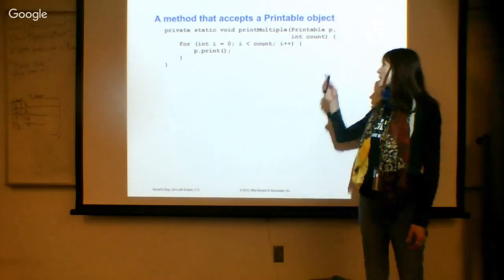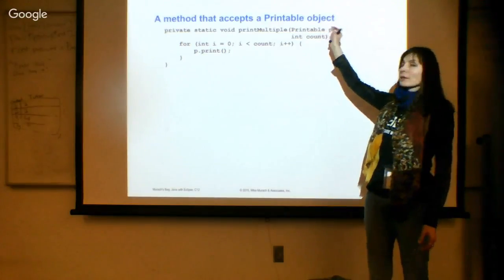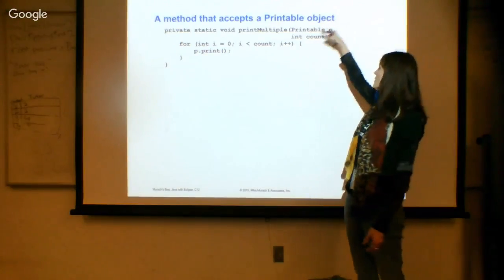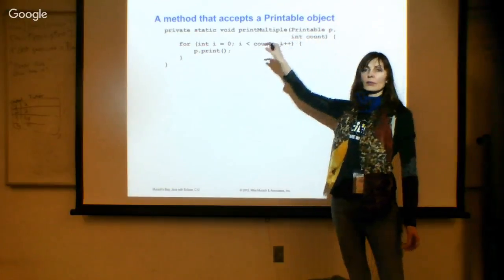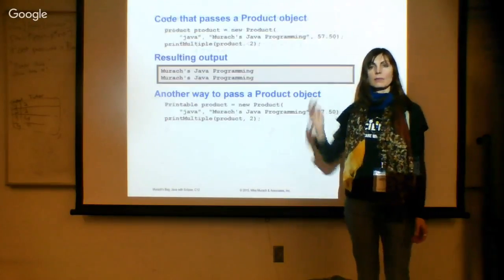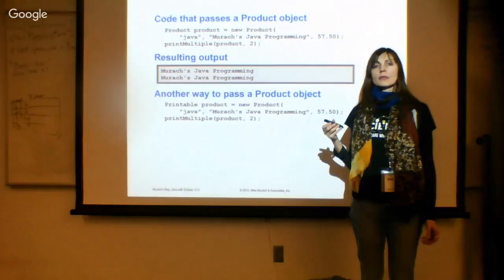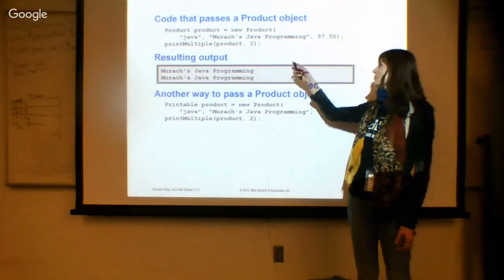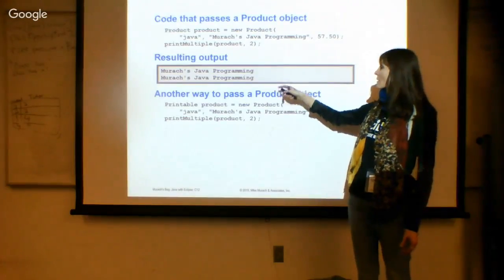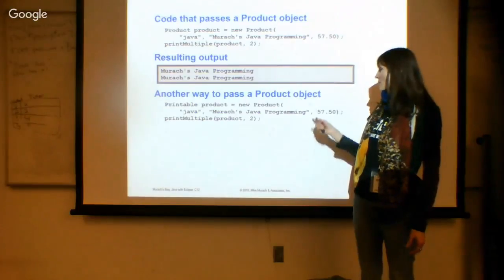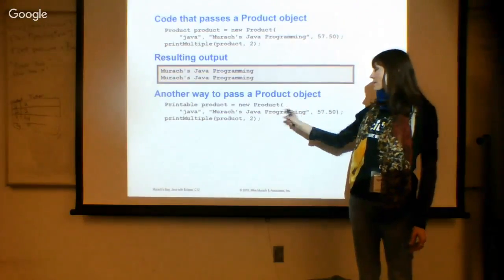So this shows how, again, an interface is a type, so you can pass a Printable argument to a method, as in the example here. And then when you're calling it, you pass the actual values here.